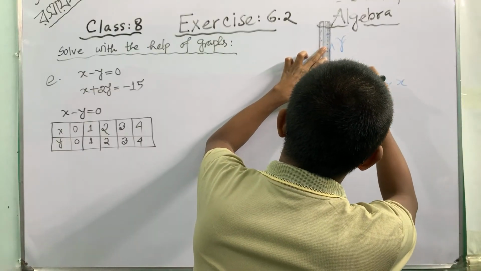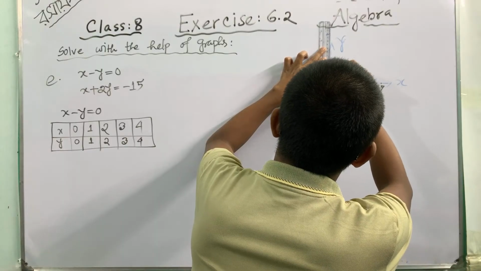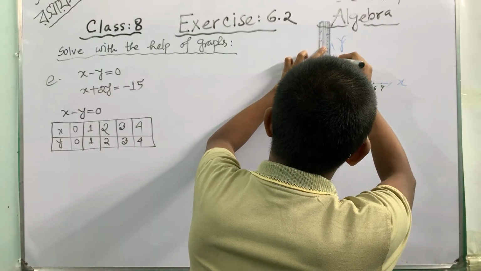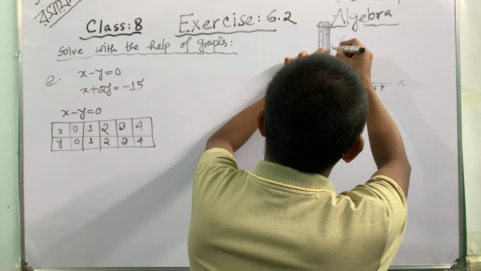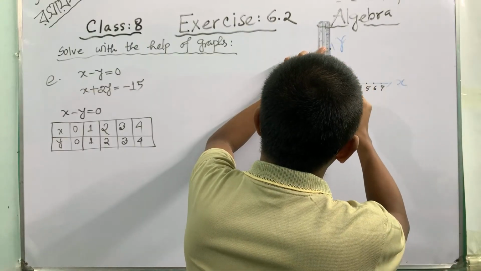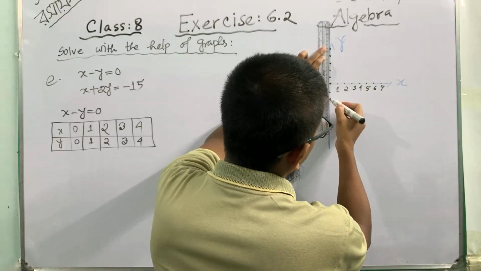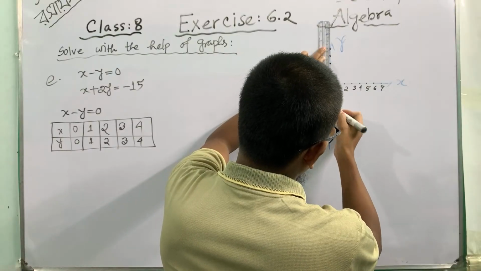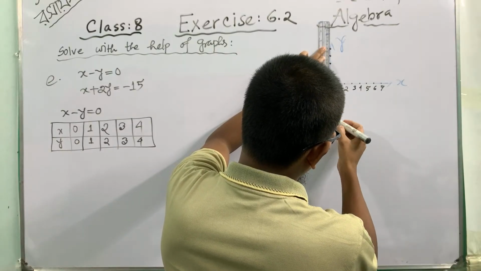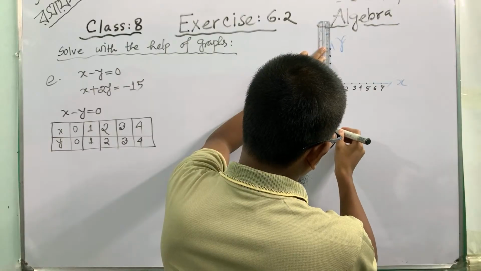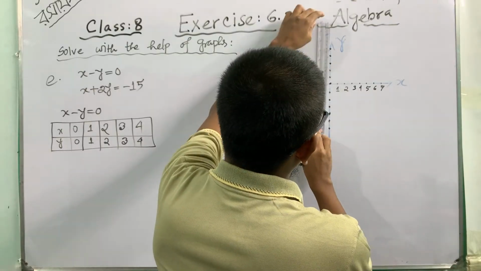Okay, so this is y equal to +1, y equal to +2, y equal to +3, y equal to +4, y equal to +5, y equal to -1, y equal to -2, y equal to -3, y equal to -4, y equal to -5, y equal to -6.